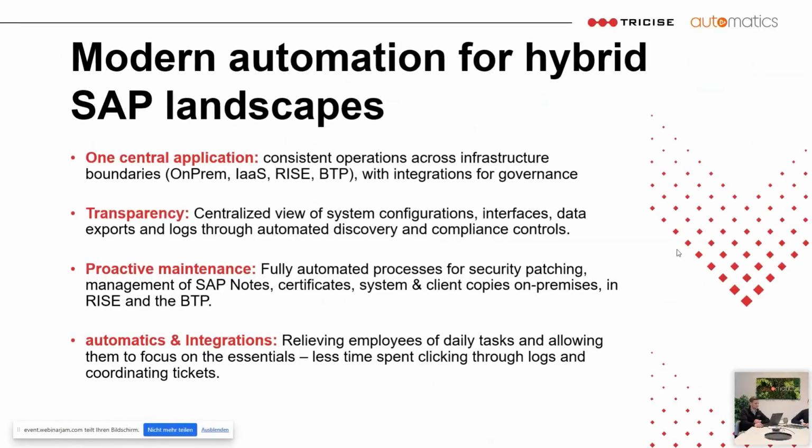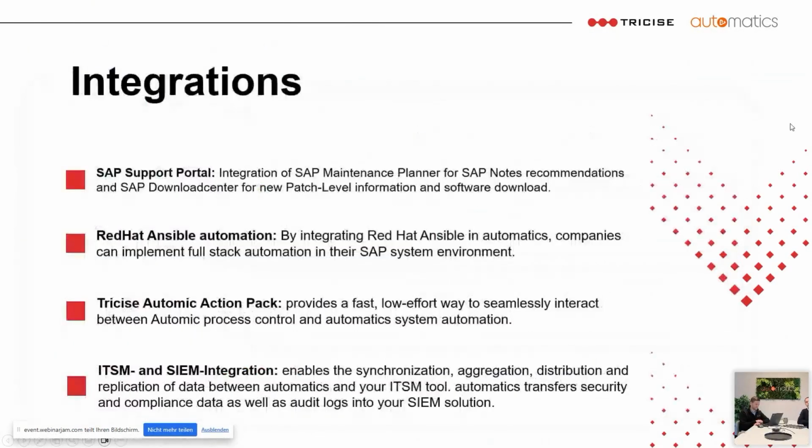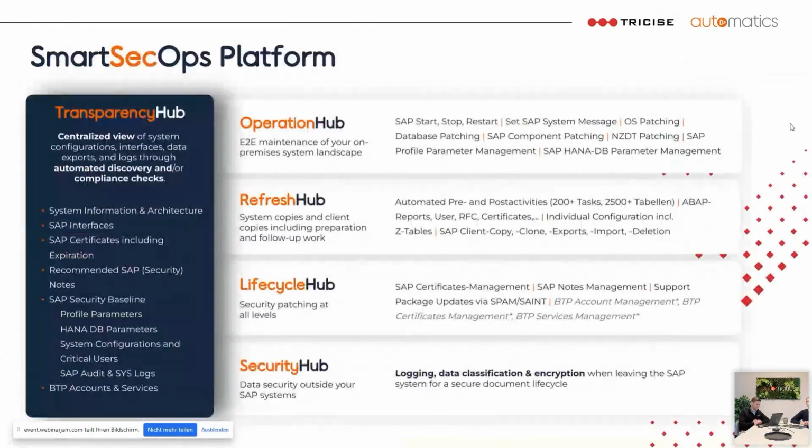As a next overview, I would like to show you our Smart SecOps platform. This is the product name of our platform, which includes five different hubs. One important part is the Transparency Hub, which is the baseline to get insights into your system configurations, parameter settings, audit syslogs, BTP accounts, and the architecture of your system landscape, which is necessary for the patch mechanism as well, for cluster configurations.